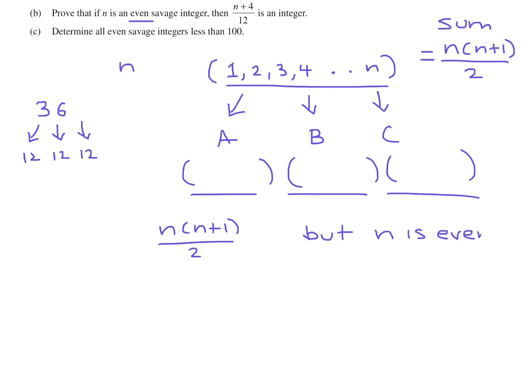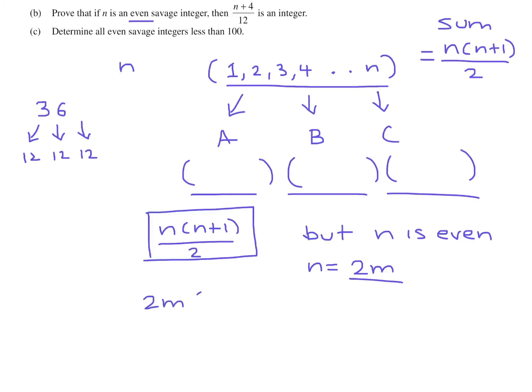But they tell you something very important, that n is even, right? Hope you didn't miss that. So if n is even, it's got to be of the form 2m, right? All even numbers are basically something multiplied by 2, and that something is an integer. So instead of writing n, I'm going to use 2m as my value for n, because they told me it's even.